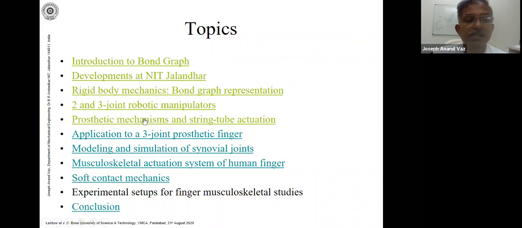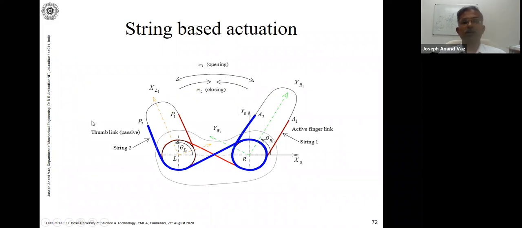So this is as far as rigid body mechanics is concerned. We now go to some prosthetic mechanisms and the string tube actuation system. We applied this idea of robotics and mechanics to prosthetic systems, which is also a very useful application of robotic systems.